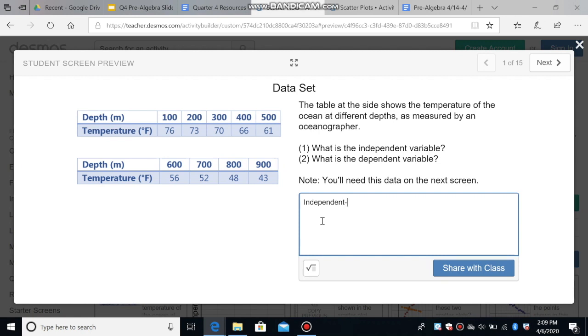So once again, our independent is our depth, and our dependent is our temperature. So remember, our independent variable always goes on our x-axis, and our dependent variable will typically go on our y-axis.